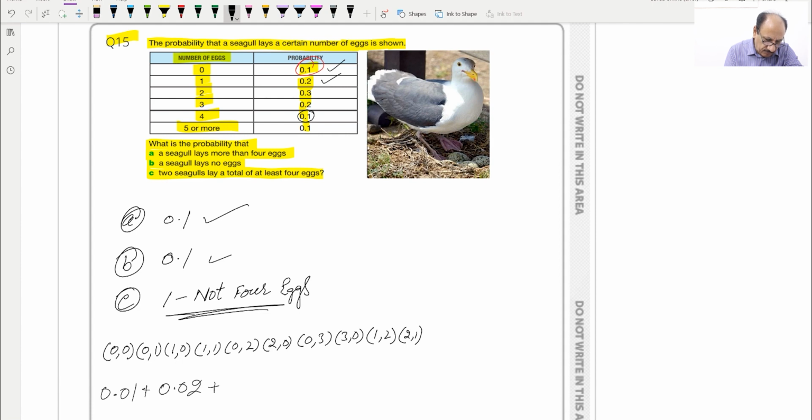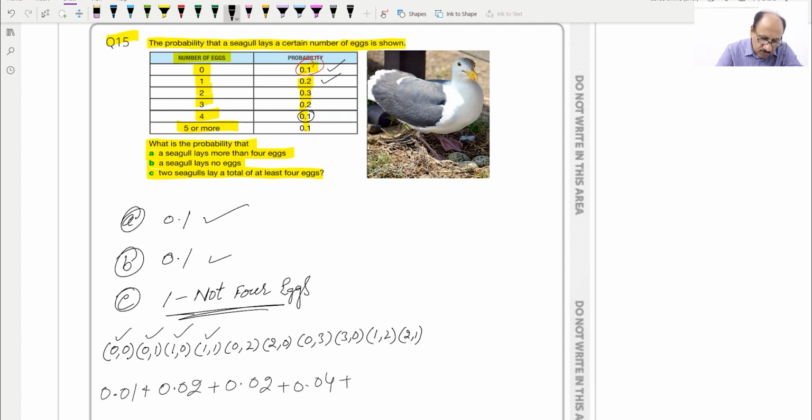Then 1 and 0 will be 0.2 and 0.1, so this will be 0.02 again. Then next is 1 and 1, so 0.2 into 0.2, this will be 0.04.